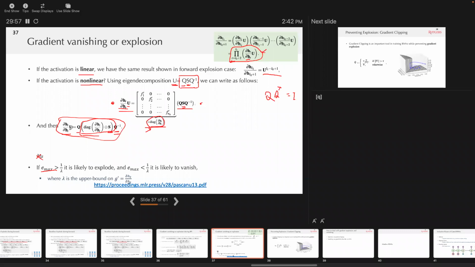And if the largest eigenvalue of this matrix U is actually smaller than some value, then the gradient is going to vanish. So between this one and this equation, there is some very complicated analysis.